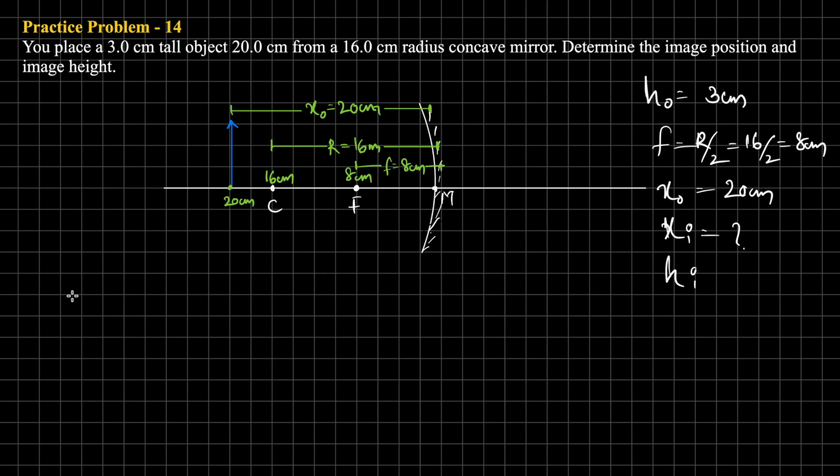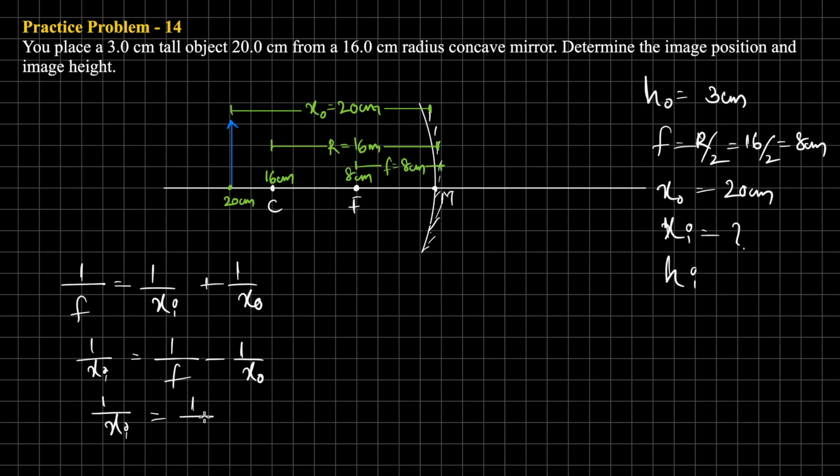To find xi, we can use the mirror equation. 1 by f equals 1 by xi plus 1 by xo. Rearrange to find xi. 1 by xi equals 1 by f minus 1 by xo. Substitute the values. Focal length is 8 centimeter. The object position is 20 centimeter.